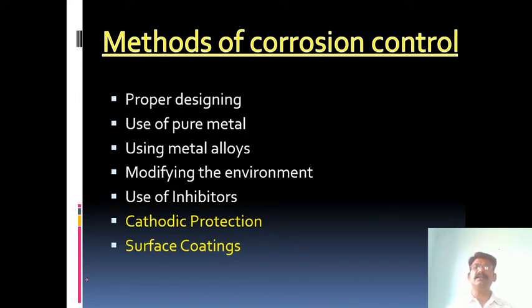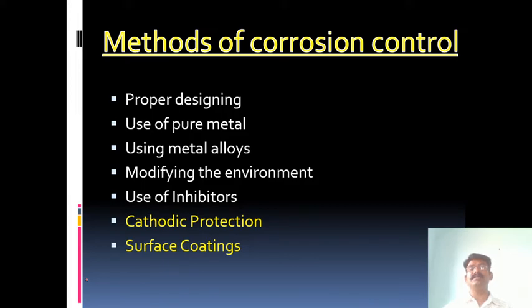These also control corrosion: proper designing, taking pure metal, and different types of alloys will not get rusted. Today we will discuss cathodic protection and surface coating, the best prevention or control methods.